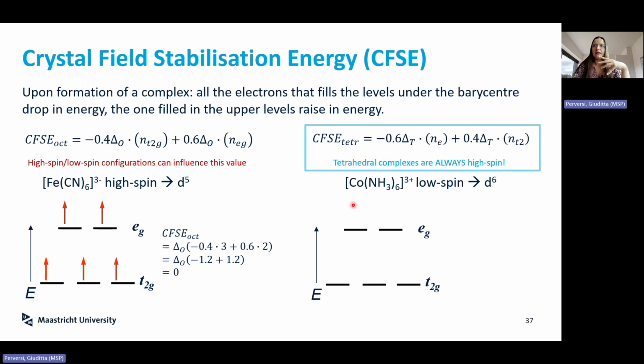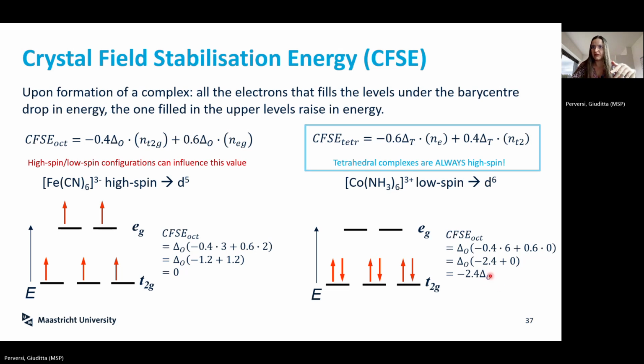Whereas in the hexaamminecobaltate, which is the ion that we already saw and named before, you still have an octahedral complex, so the arrangement of the orbitals is exactly the same, but now you have one more electron. And if you go into low spin configuration, you end up with all of them filled. With all of them filled, you have a very strong stabilization energy that is negative.